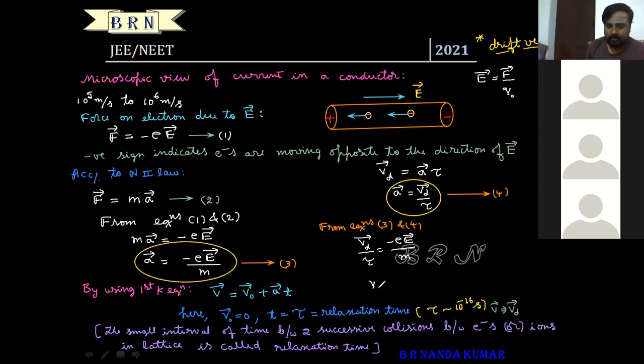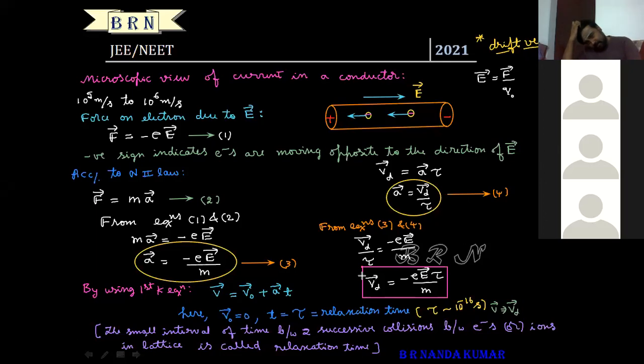So finally vd vector is equal to minus e vector tau divided by m. So this is the mathematical expression for drift velocity.